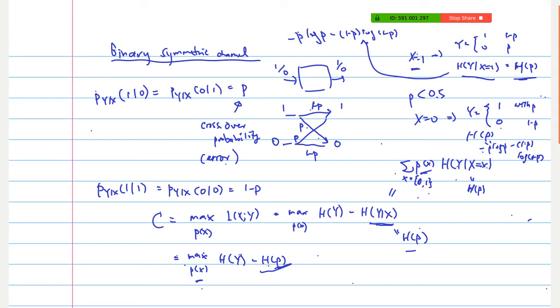And by the way, this is a shorthand notation; people will just call it H(p). So therefore H(Y given X equal to 1) is just H(p), right? And similarly, when x equals 0, again you have Y equal to 1 and 0 with the probabilities just flipped, but it's still p and 1 minus p. And so H(Y given X equal to 0) is still equal to H(p).